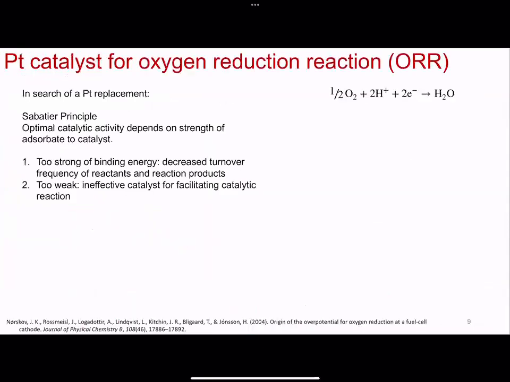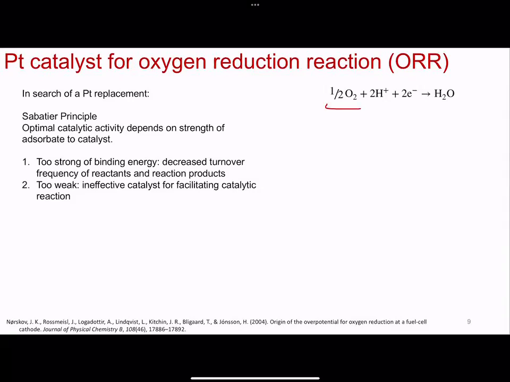So the other part, we've been talking a lot about hydrogen oxidation. The other electrode, you'll need to do oxygen reduction reactions. So when you read in fuel cell literature, ORR is a huge dominant area of research for polymer electrolyte membrane fuel cells, because this reaction is difficult.